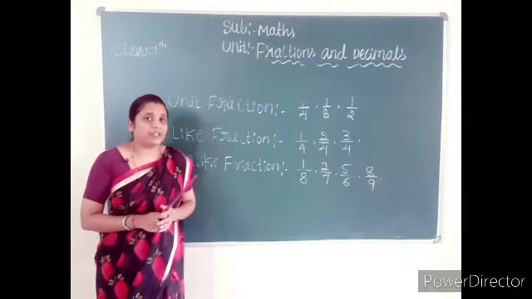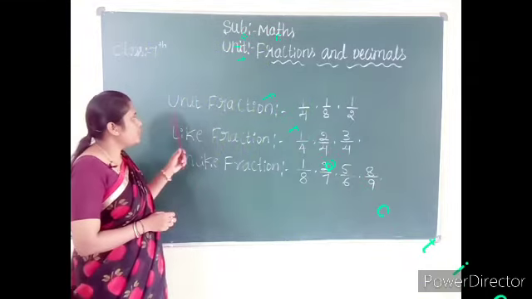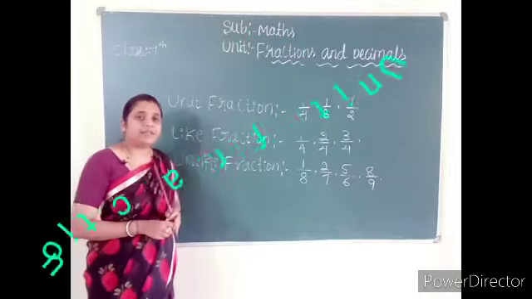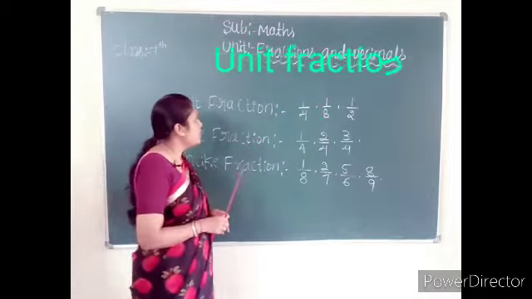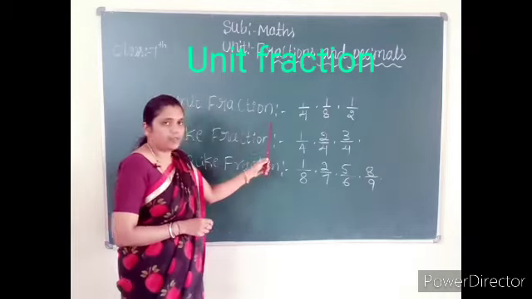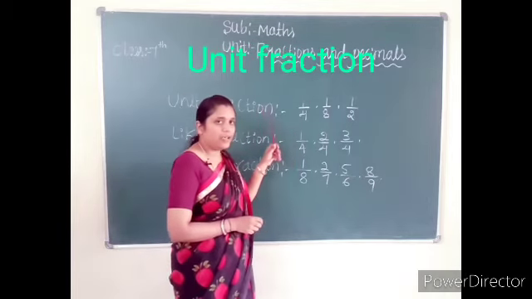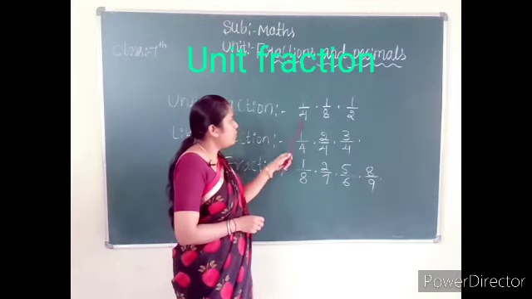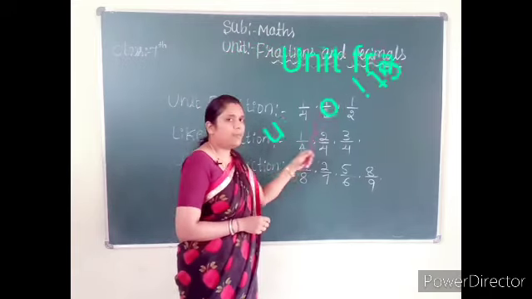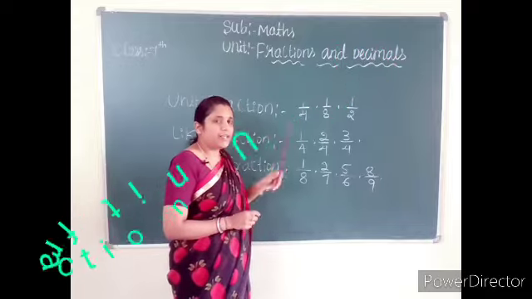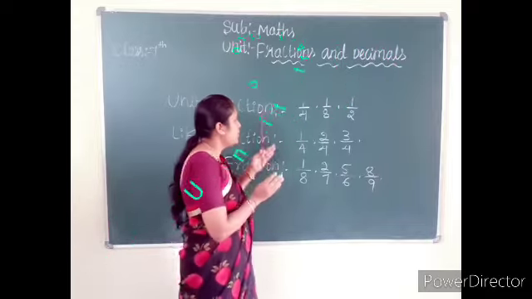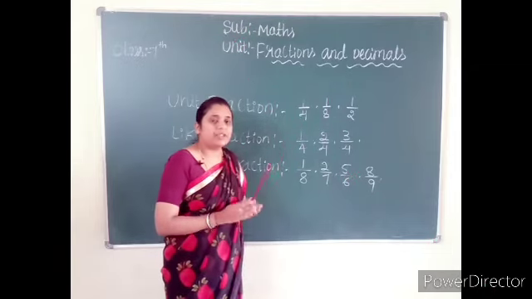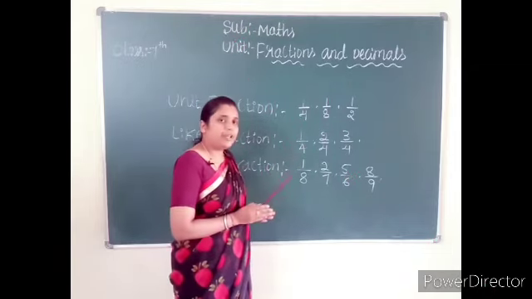Before going to that, we can learn about unit fraction, like fraction and unlike fraction. Look here students, unit fraction. These are the examples for unit fraction: 1 by 4, 1 by 8, 1 by 2. Why do we call it a unit fraction?